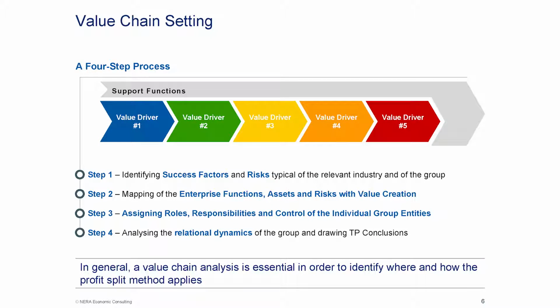And we trust that if we follow this process, which starts with the big picture and then gets into a more detailed understanding of each entity's contribution, we are in a position within step 4 to better assess the bargaining power of the group entities and ultimately to understand in what type of deal, in what type of financial and commercial relations they would enter if they would have been in a negotiation situation.